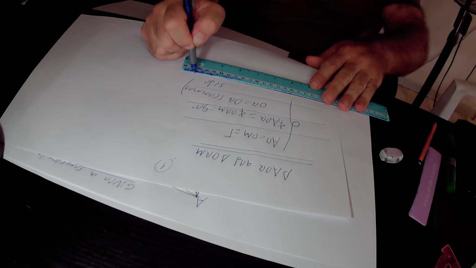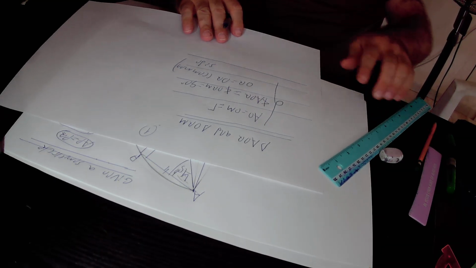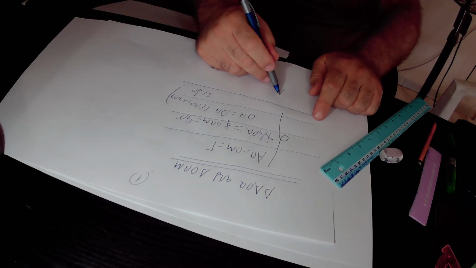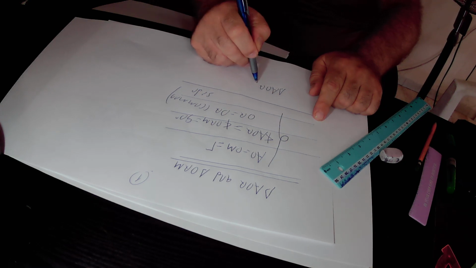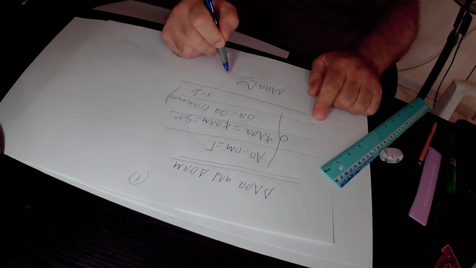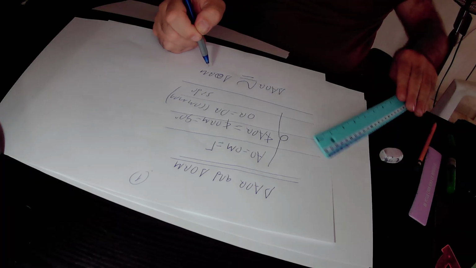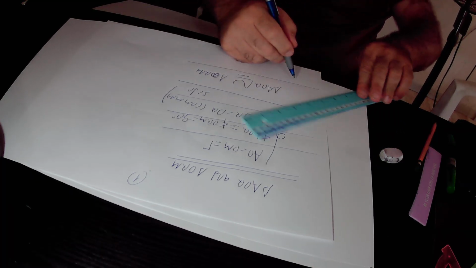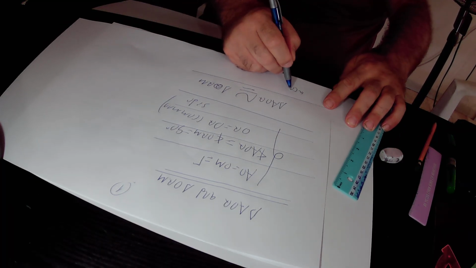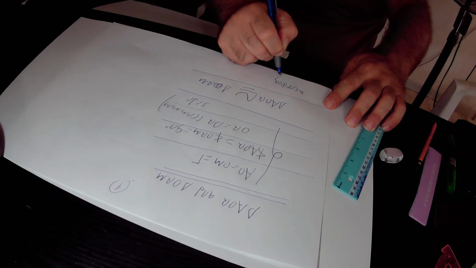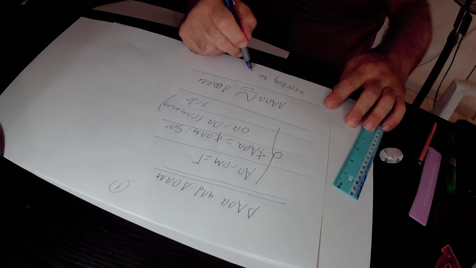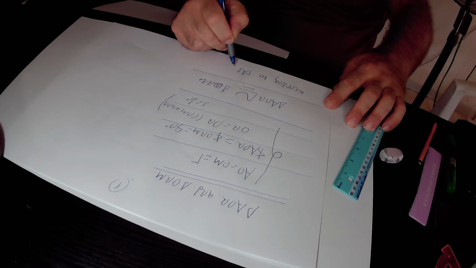So we actually prove that the right upper triangle AOQ is congruent, this is the sign of congruent, to the right lower triangle OQM according to side angle side rule.